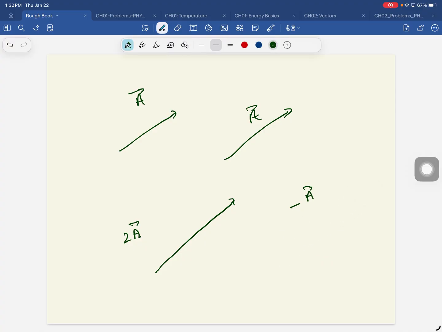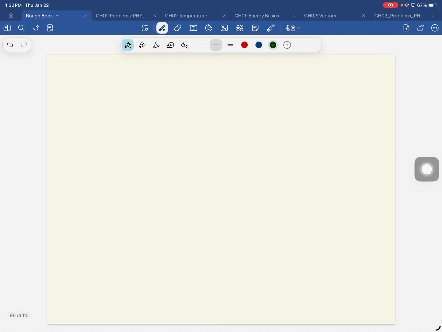You could have walked along this path, along that path, and the displacement vector is the same. It's just from the initial point to the final point. You could have walked an infinite number of different paths, and you'd get the same displacement vector.